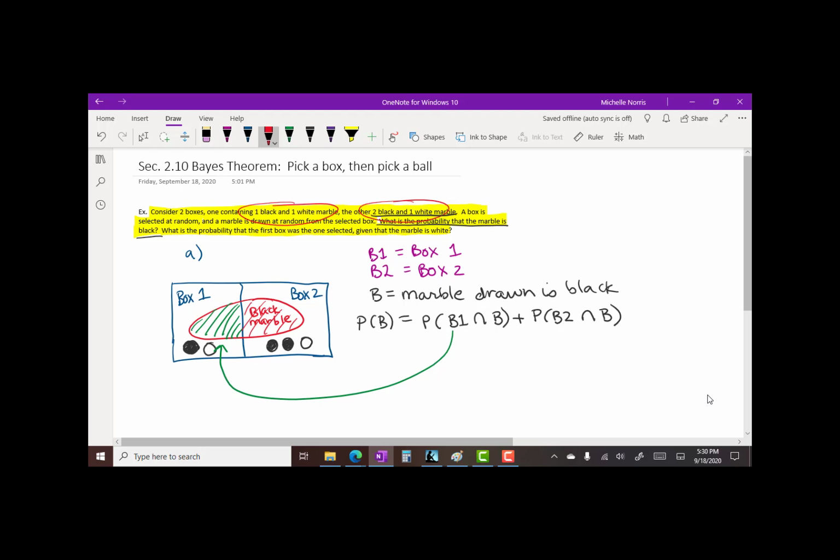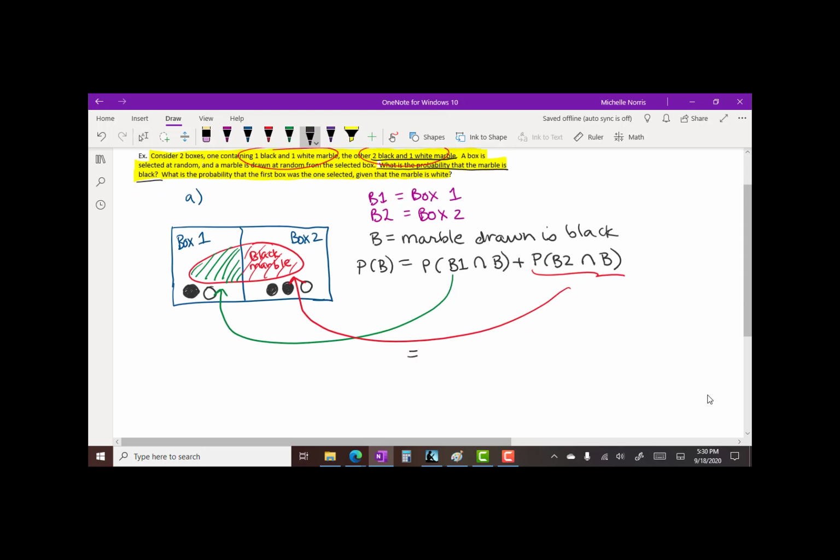So this part is over here. Okay, so we're just going to break this down using the multiplication rule. The first probability is the probability of picking box 1, times the probability that the marble is black (remember, B stands for black marble), given that you chose box 1, plus the probability that you chose box 2, which is the other way you can get a black marble, times the probability the marble is black, given that you chose box 2.